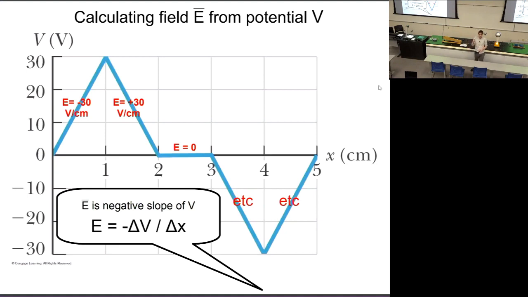The change in electrical potential is 0 volts, so the slope of electrical potential is 0 volts per centimeter, which means that the electrical field in this region is also 0. This is a region of 0 electrical field. And we're able to read that off of that graph, understanding that relationship between electrical potential and electrical field.